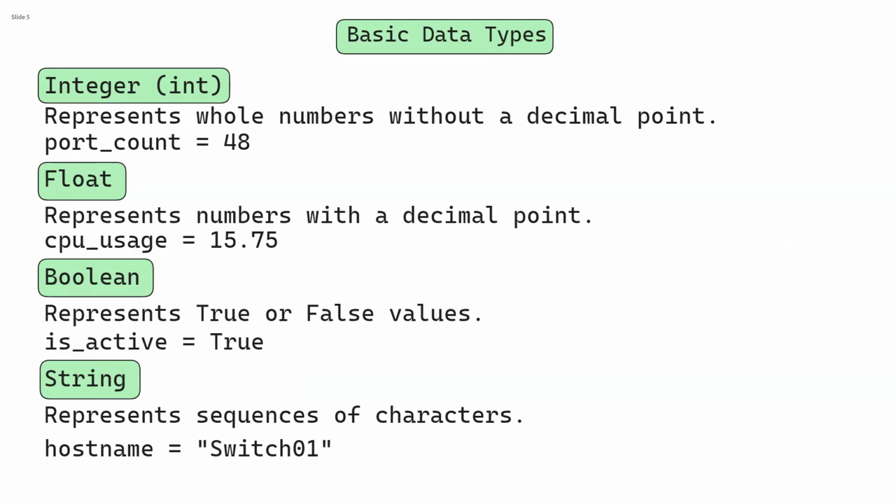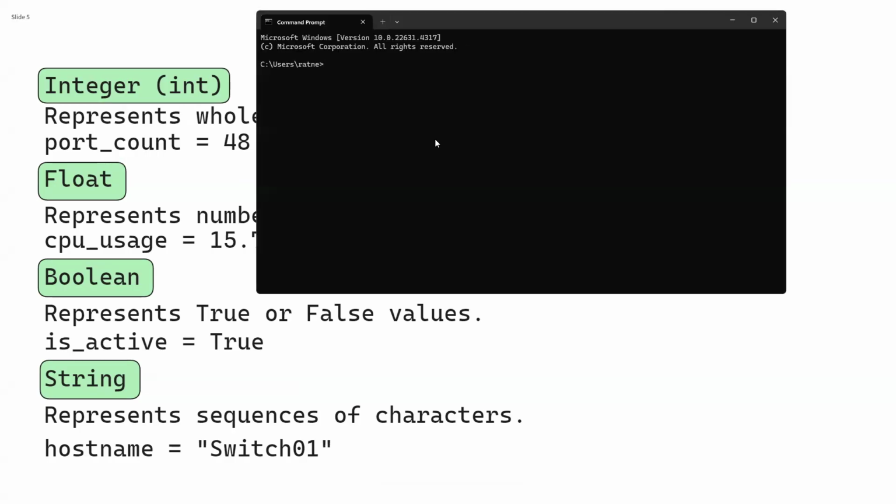Let me quickly open my command prompt here and go into Python. Now we are in the Python interactive shell. Suppose I assign hostname equal to, within quotes, switch1.